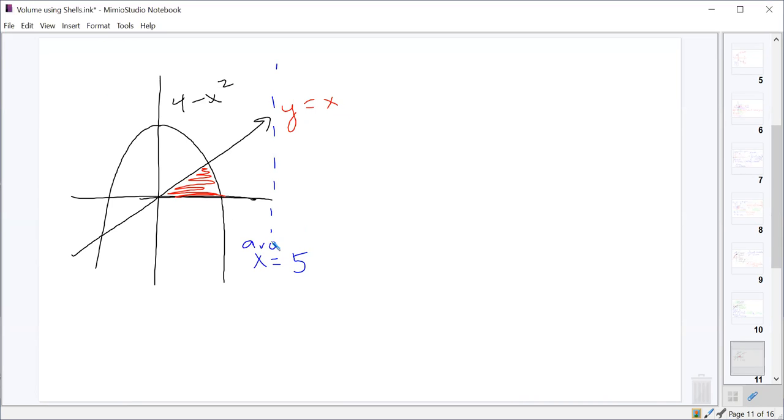And see if we can set up an integral for that. You're going to have to either use the quadratic formula or completing the square to figure out where those intersect, or your calculator. That'd be fine too.